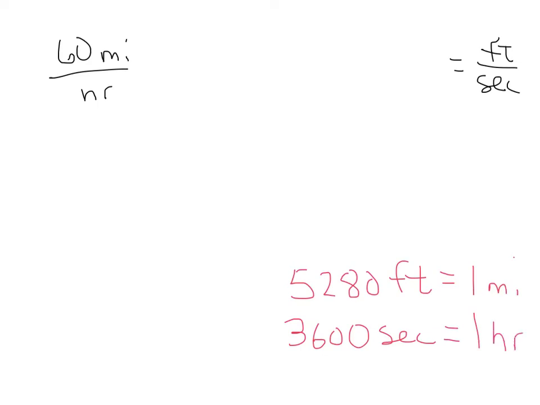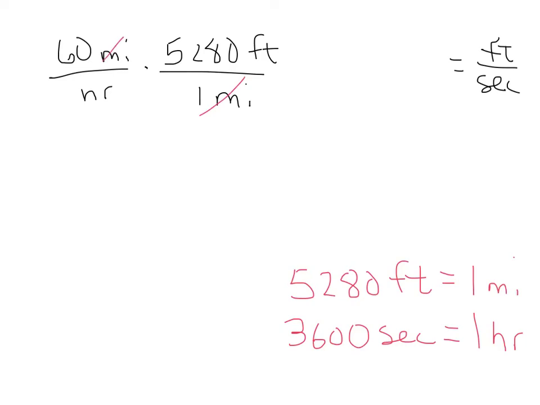That, of course, can be done in 2 steps using 60 seconds per minute and 60 minutes per hour. So, to convert from miles per hour, we'll get rid of the miles and get ourselves into feet. And we do that by multiplying by 5,280 feet over 1 mile. And that will get us, once the miles are canceled, into feet per hour.